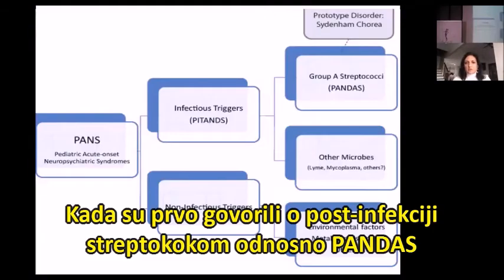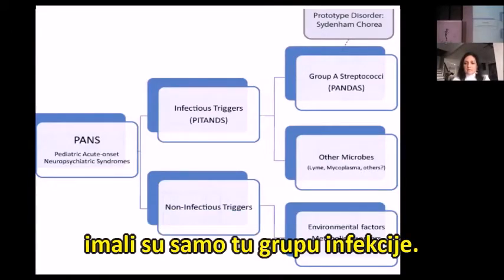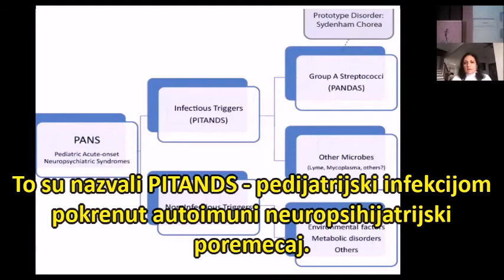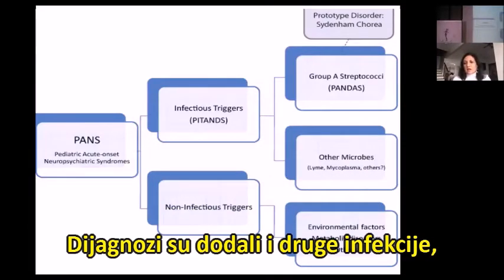So when they first started talking about this post-streptococcal infection, or PANDAS, they just had that group. And then they expanded that group to add other infectious triggers. And so they called that PITANS, or Pediatric Infection Triggered Autoimmune Neuropsychiatric Disorder. And they added other infections to the diagnosis.